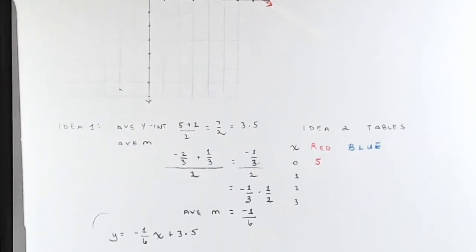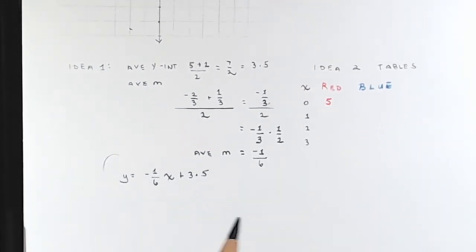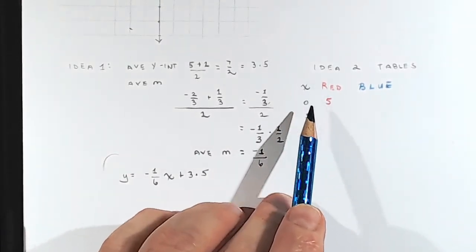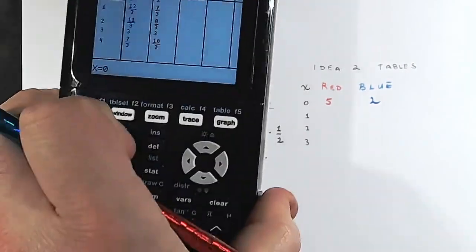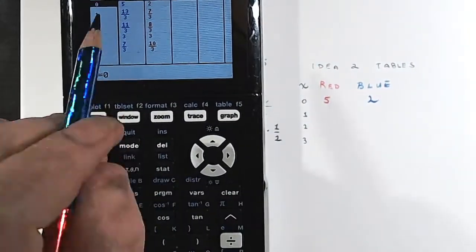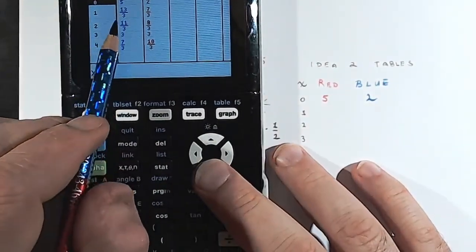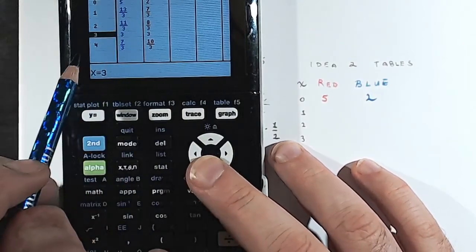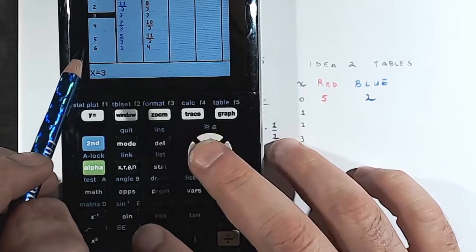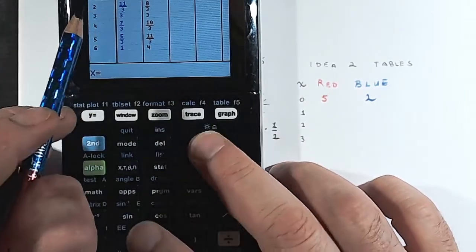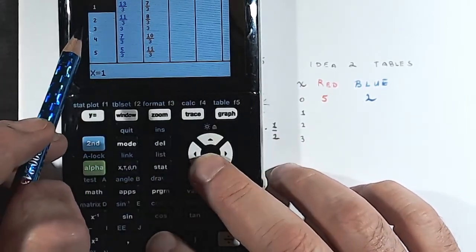So for my blue, when x is 0, y is 2. Right? I'm not sure I like these numbers. I guess we could use them. Let's see what happens later on in the equation. Okay. We will go ahead and use these numbers.